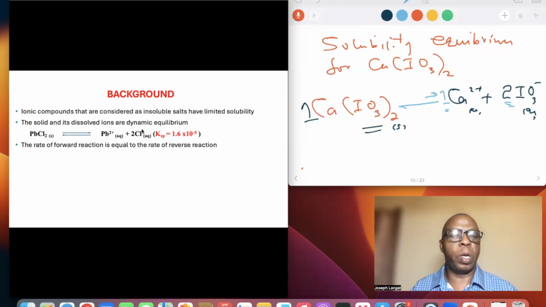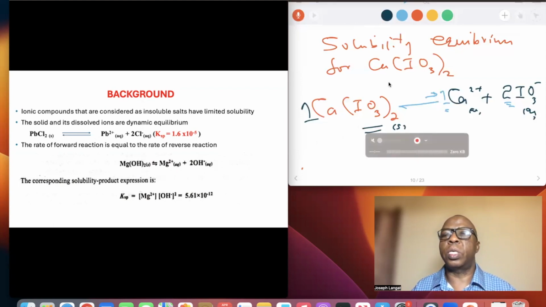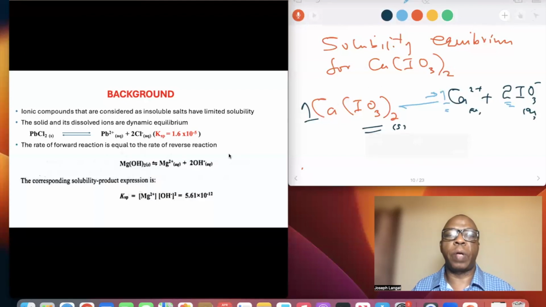You can calculate the ion product constant, the Ksp, given the solubility equilibrium. Today, this is the solubility equilibrium of calcium iodide.